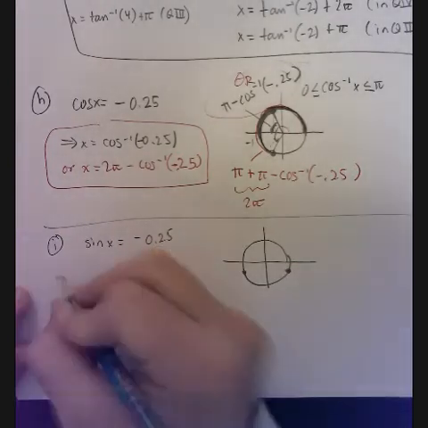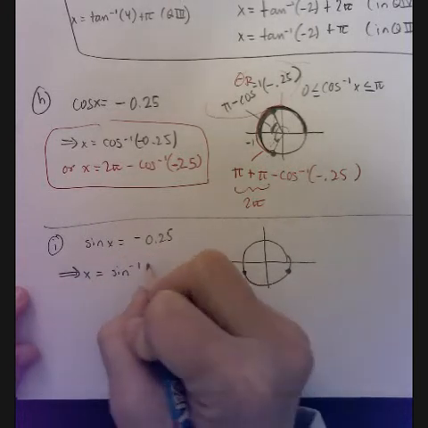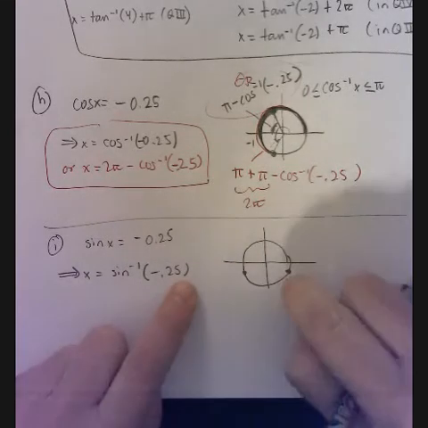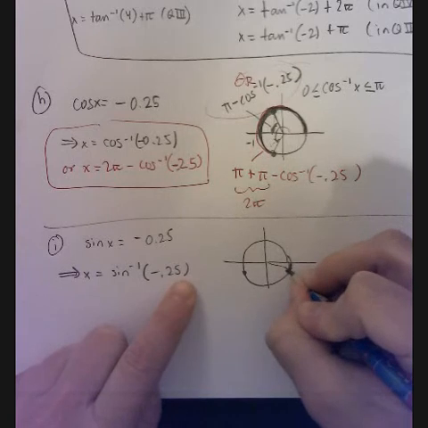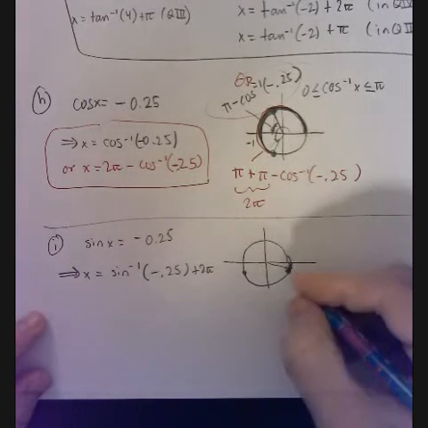So when I write x is sine inverse of negative 0.25, that's this solution, but it's giving me this as a negative number. So I need to add 2 pi to that to get in 0 to 2 pi.